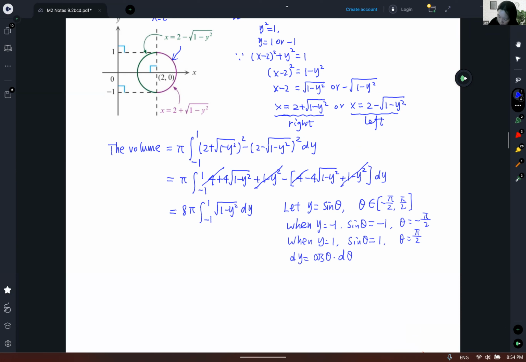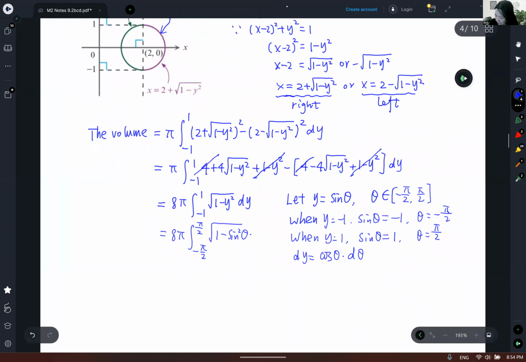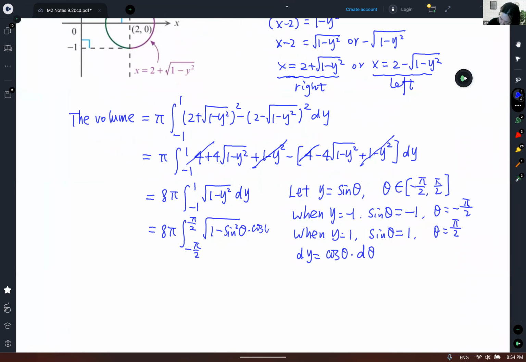Now the substitution, 8 pi, from negative pi over 2 to pi over 2. This one is 1 minus sine squared theta, and this one is cosine theta d theta. I think so, right?